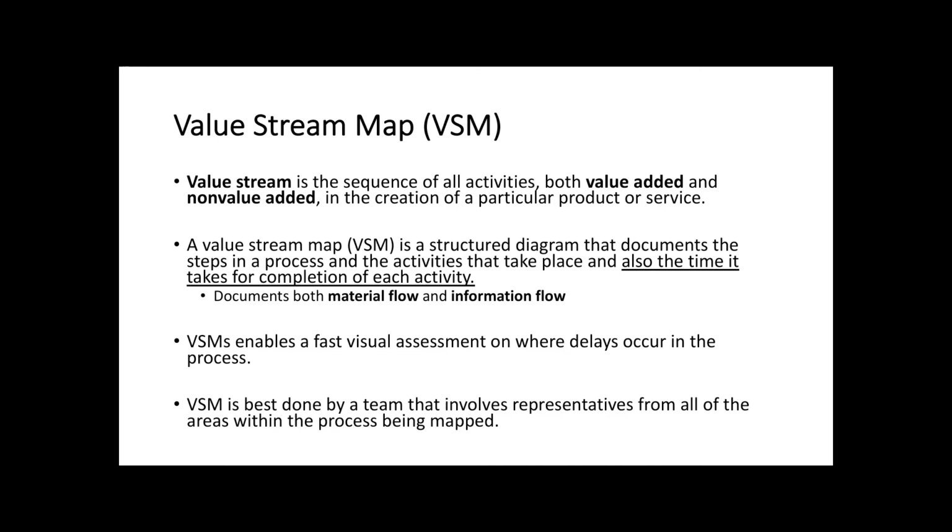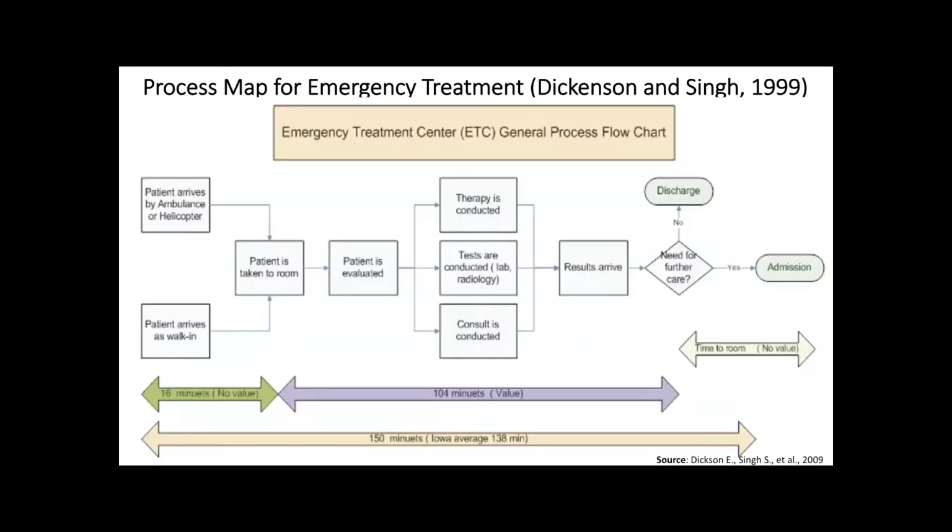Then you put this value stream map together as a team. That way you are able to observe all the aspects of the process and hopefully develop something that is a lot more complete.